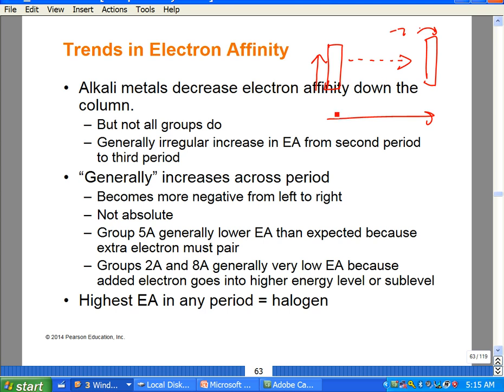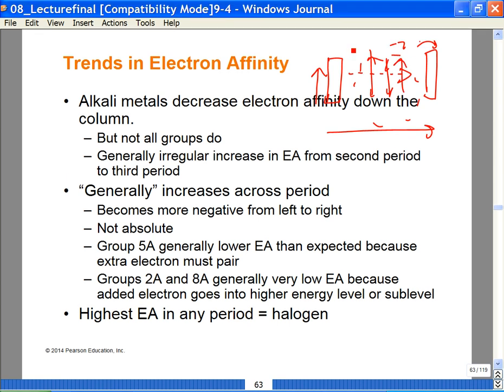So generally, when you go from left to right in a period, and always when you go from bottom to top in the first column, which is the alkali metals, you increase the electron affinity. But when you go up or down the other columns, you can't generally predict. Let me reiterate that.